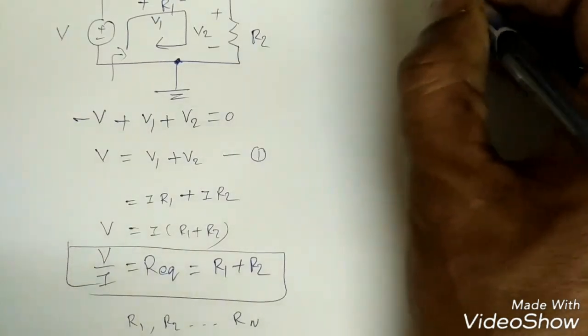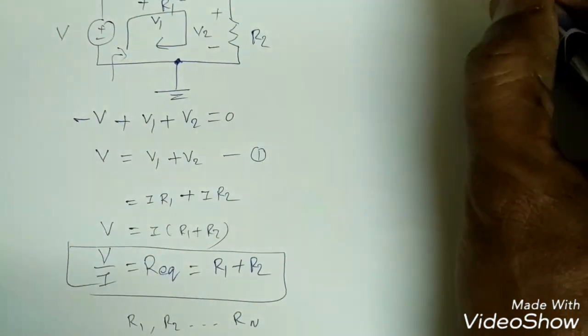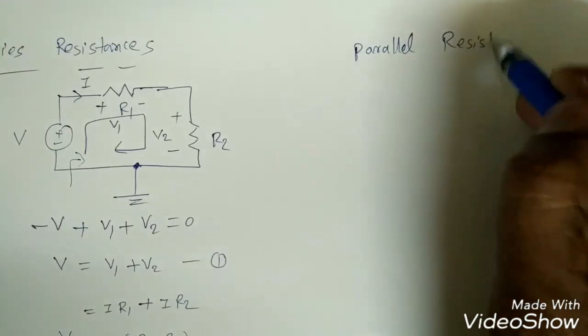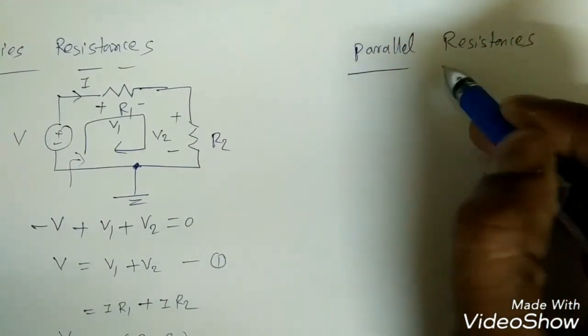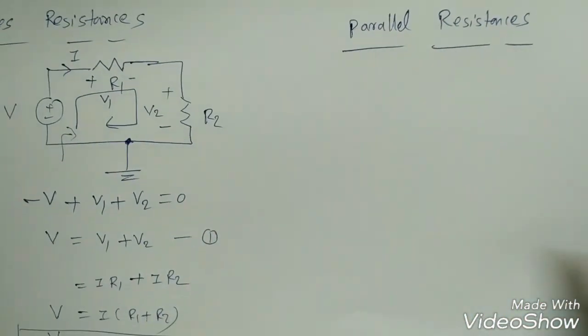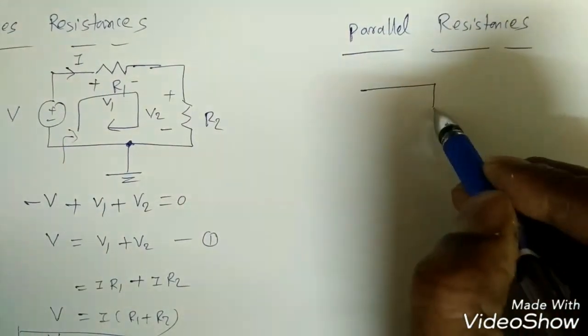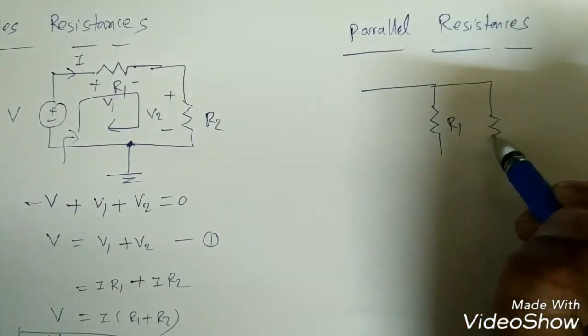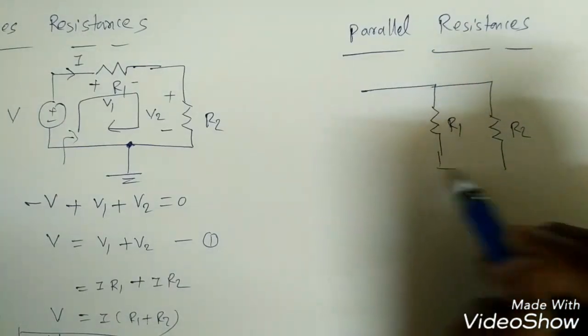Similarly, if there are parallel resistances, what is the equivalent resistance we need to find? Suppose it is like this, R1, R2, right?